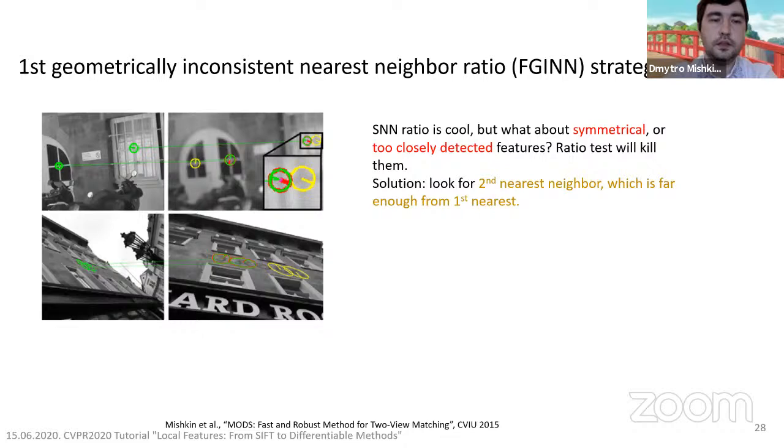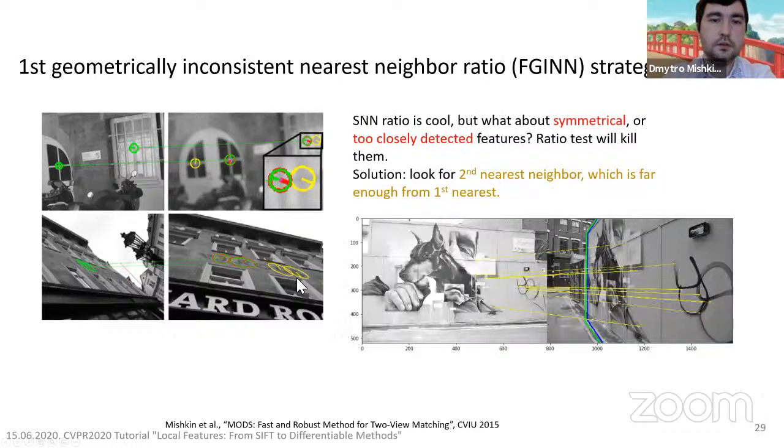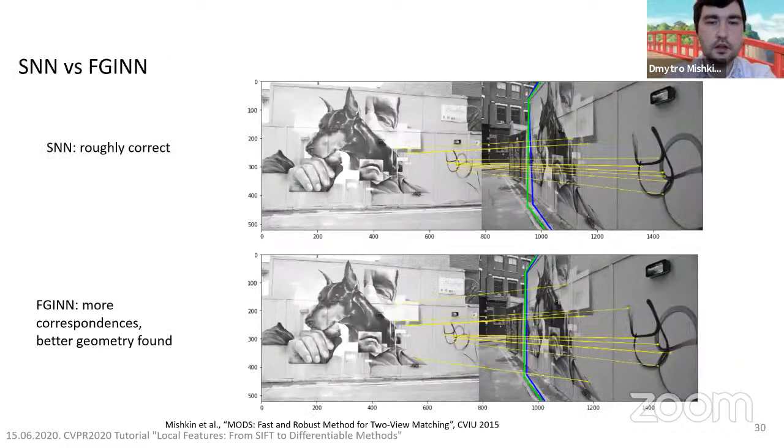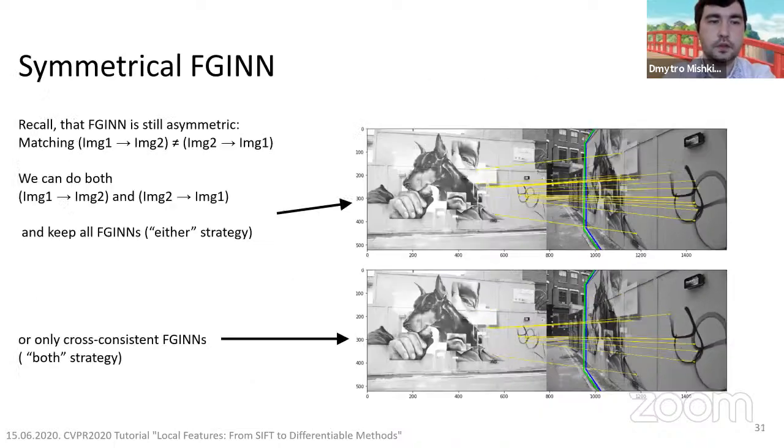What you can do is only accept a second nearest neighbor if it's far enough from the first nearest neighbor in the image, not in descriptor space, like here. These are these yellow guys, and this improves results a bit. You can have more correspondences and a bit better model with such a thing.